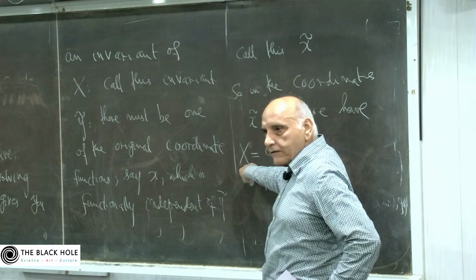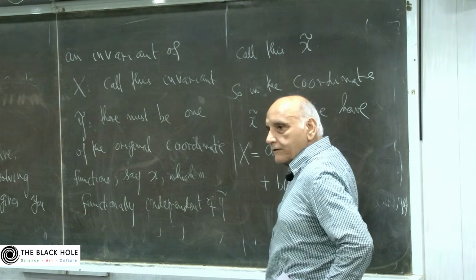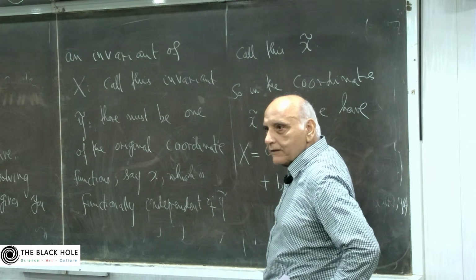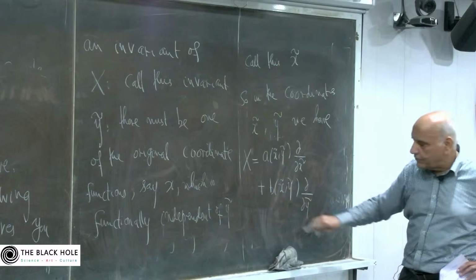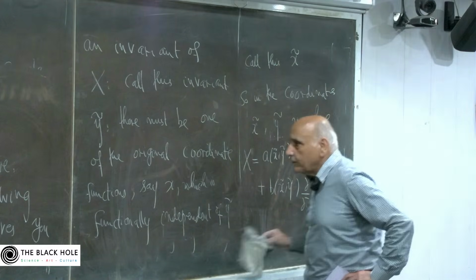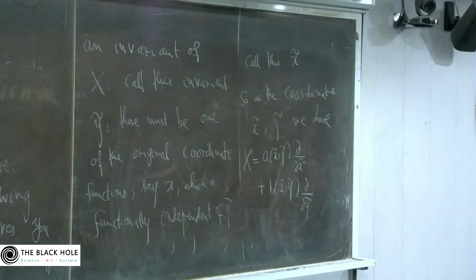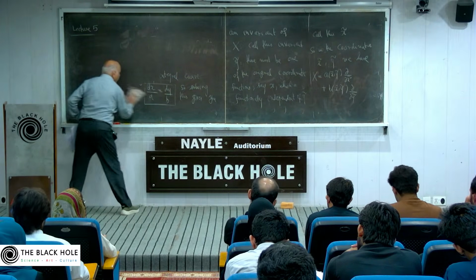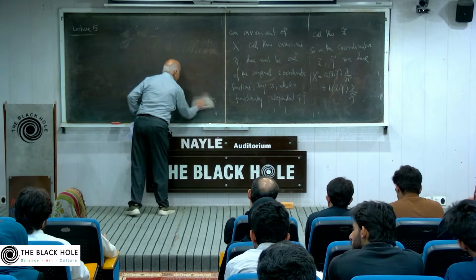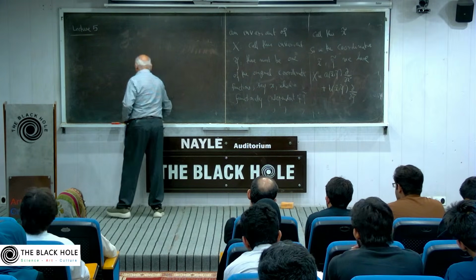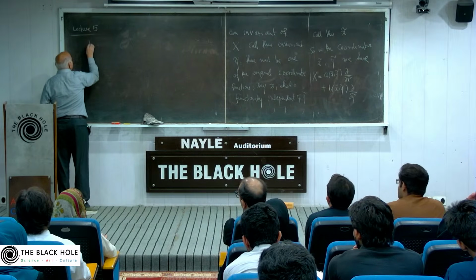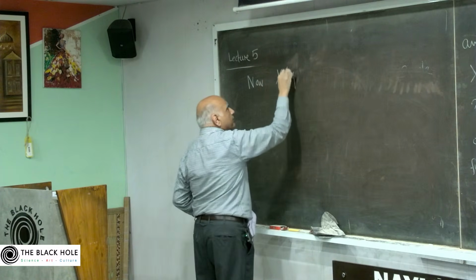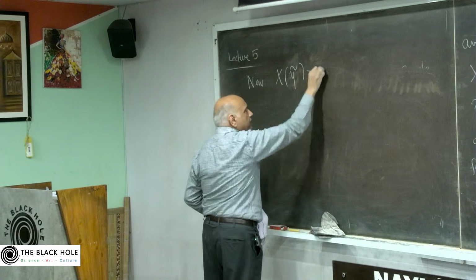On the one hand it is 0, and on the other hand it is b of x tilde, y tilde. So b of x tilde, y tilde is 0, right? So now x of y tilde is equal to 0 because y tilde was an invariant.